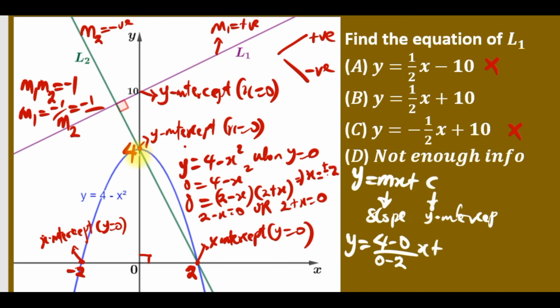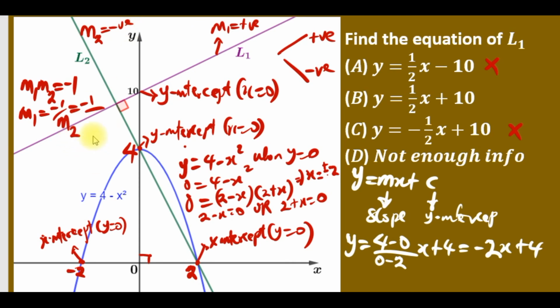As you can see, the y-intercept of this line is 4. So our equation is y equal to minus 2x plus 4. As I said, once a line slants this way, the slope is negative. As you can see, the slope is minus 2.